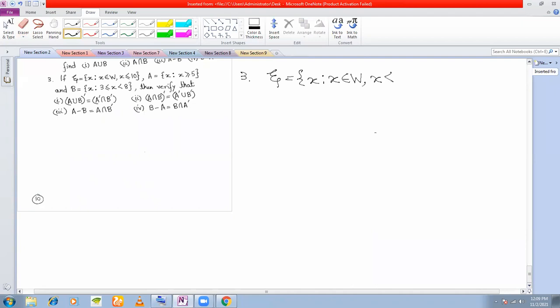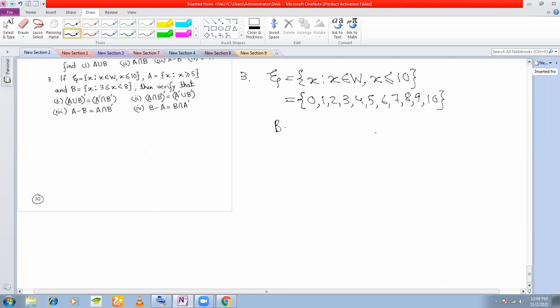What kind of whole number? Less than or equal to 10. So this is given in your set builder form, so we'll write it in tabular form. What are the whole numbers that are less than or equal to 10? This is the universal set.